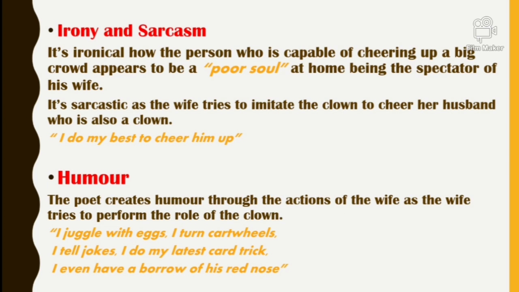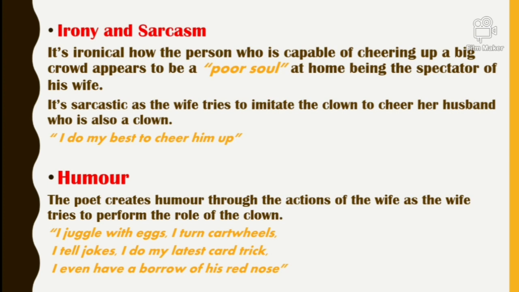Now, as I've told you before, the clown is a very famous popular character when he's performing on the stage, and he is capable of changing the moods of people, fixing the moods of people. So he is considered as an asset to the society. But at home, ironically, he becomes a poor soul and he has to play the role of the spectator at home because he is having a miserable life at home in his real life.